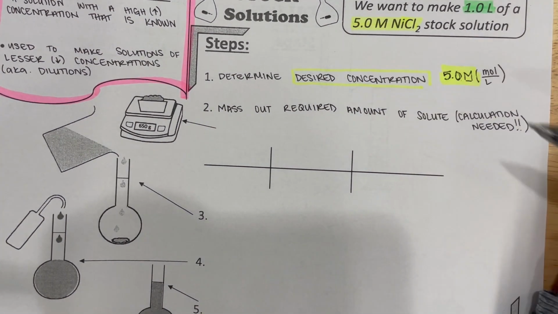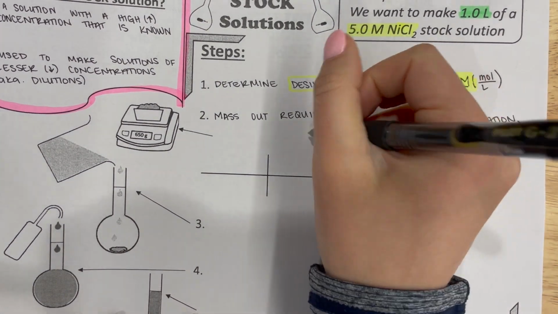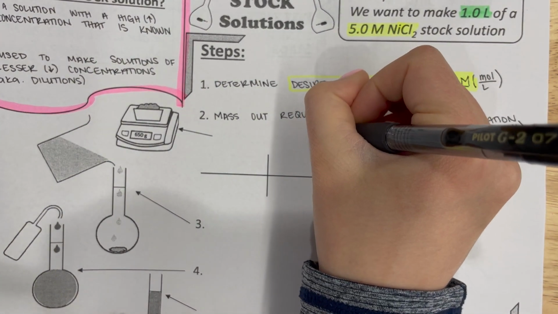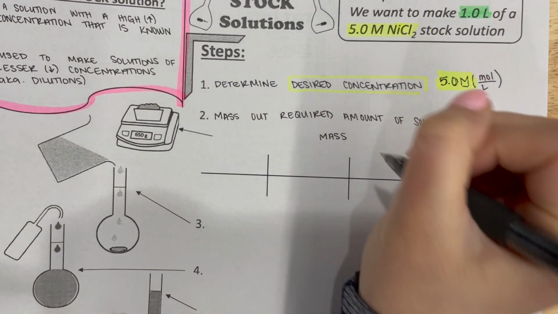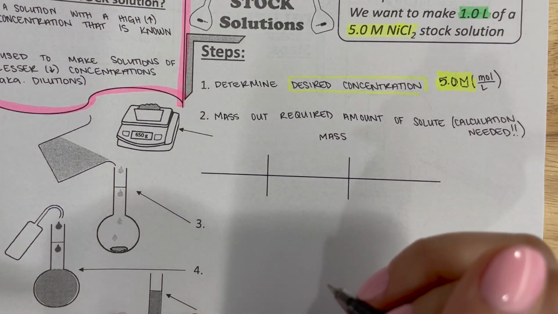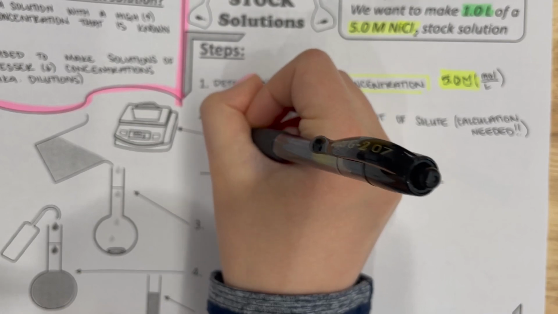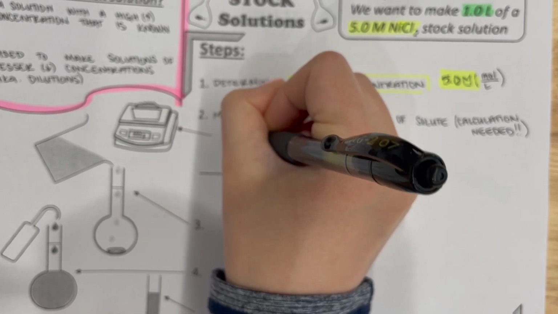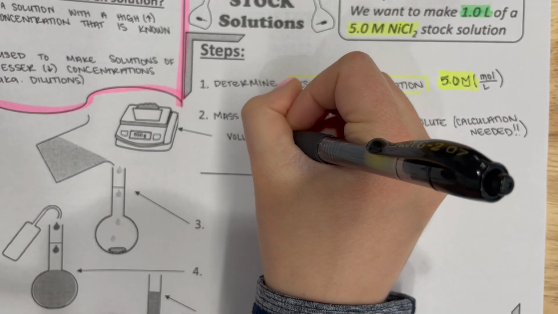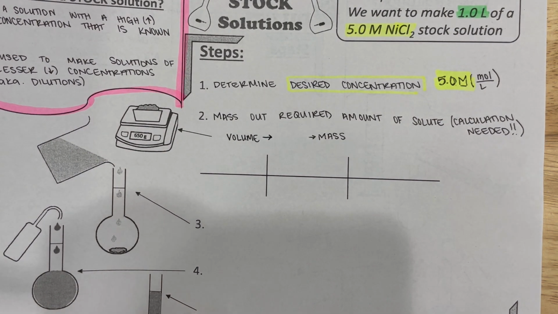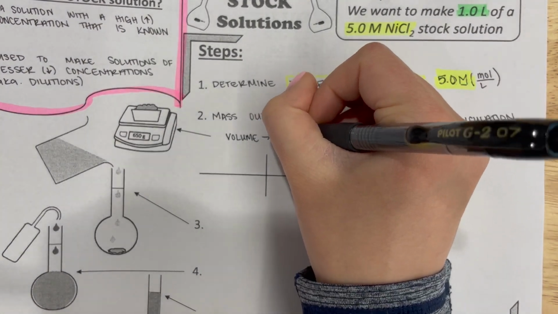We have two things here. Our end goal is that we are trying to get to mass. We're starting with volume. Our middle step is going to be moles.